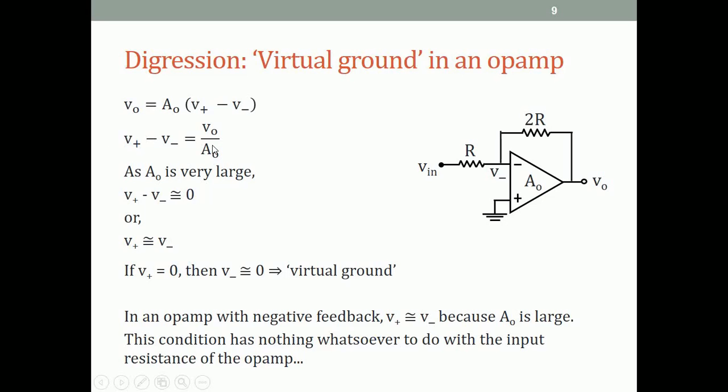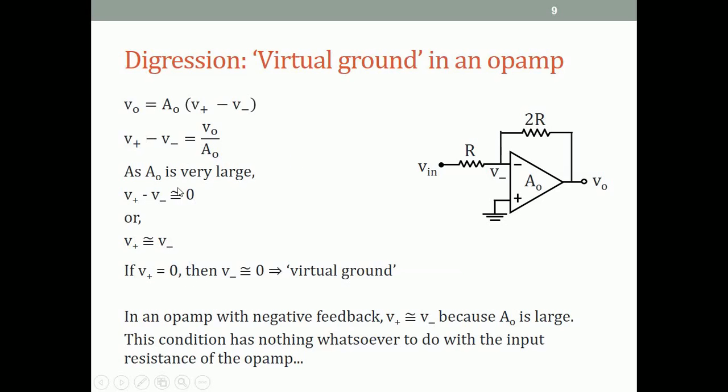It is V0 by A0. So V0 is, let us say, 10 volts, A0 is 100,000. So 10 by 100,000 is 0.1 millivolt. We say, well, 0.1 millivolt is small, so approximately 0, or V plus is equal to V minus. And therefore if V plus is 0, then V minus is 0, and that is how virtual ground comes.